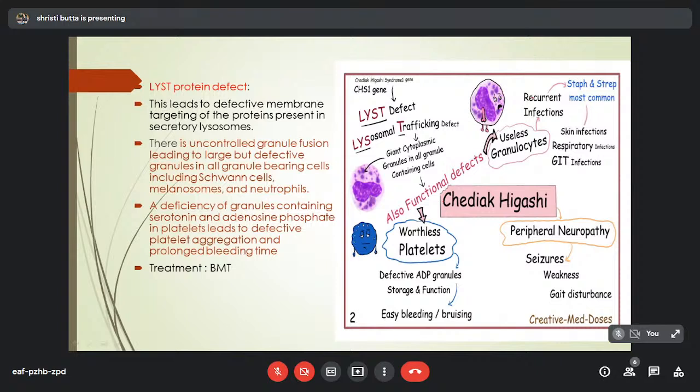In addition, we also have recurrent infections because of these giant granules within the granulocytes, which may be skin, respiratory or GI infections, and there may be defective granules even within the Schwann cells, resulting in peripheral neuropathies, seizures, weakness, gait disturbances, etc.